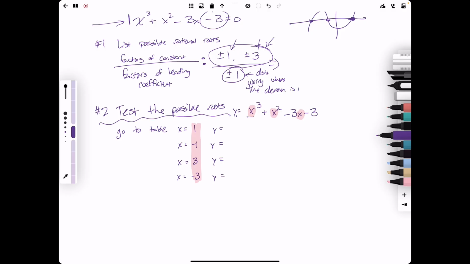Sort of. No. Go to your graph. Go to standard window, zoom 6. It's thinking. It's loading.